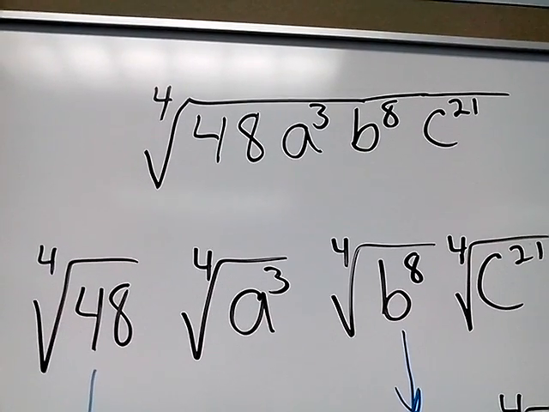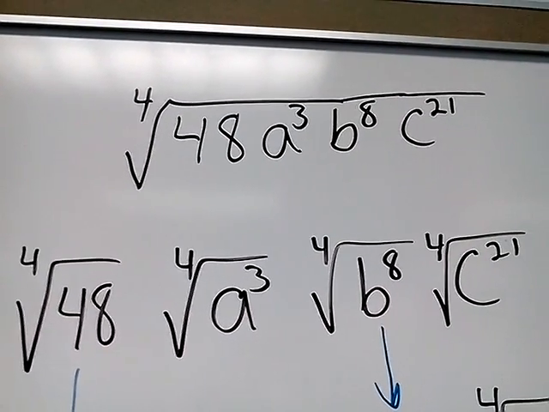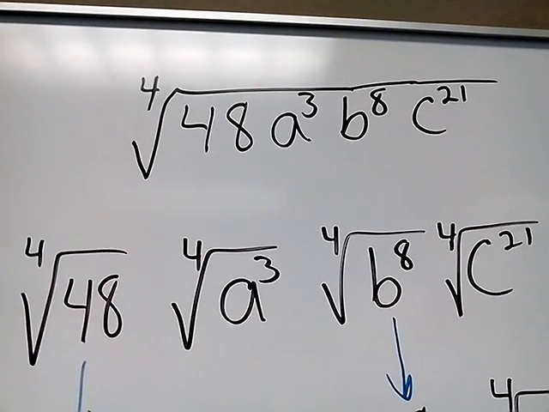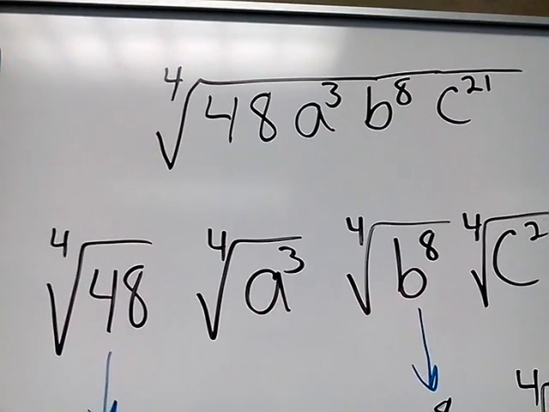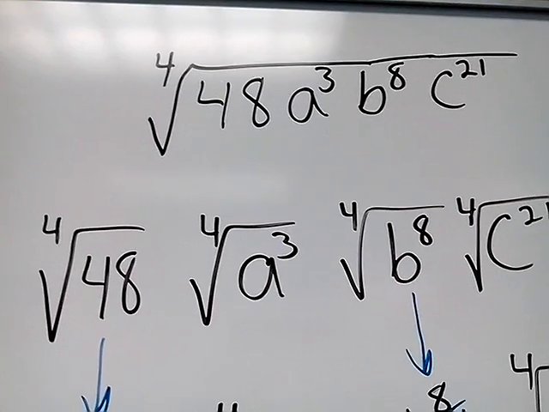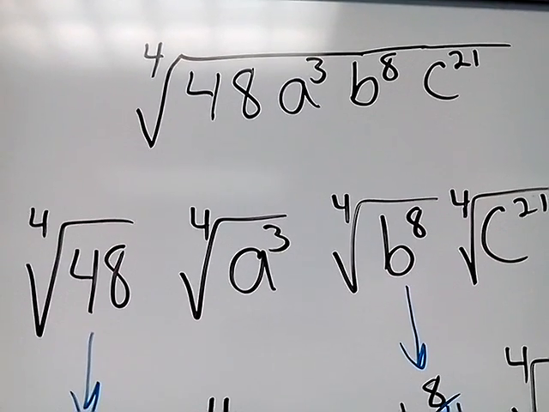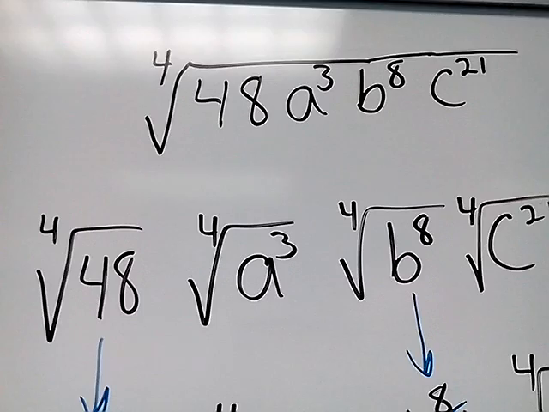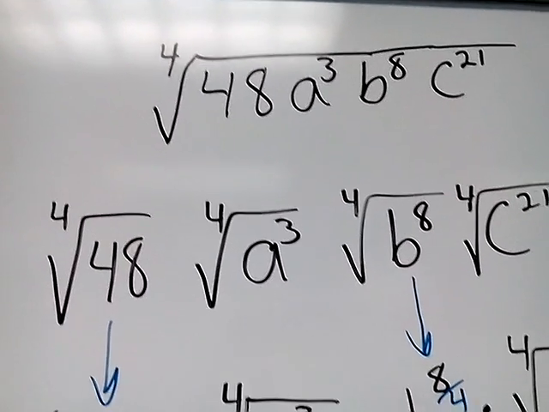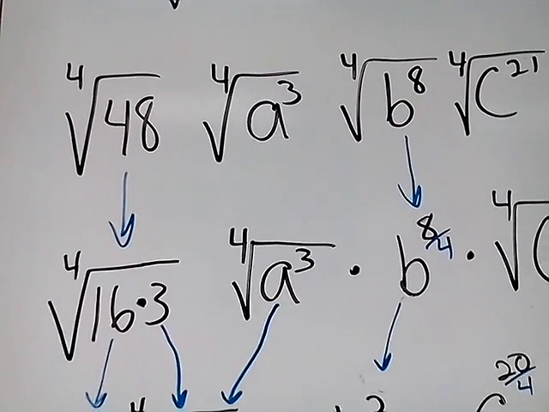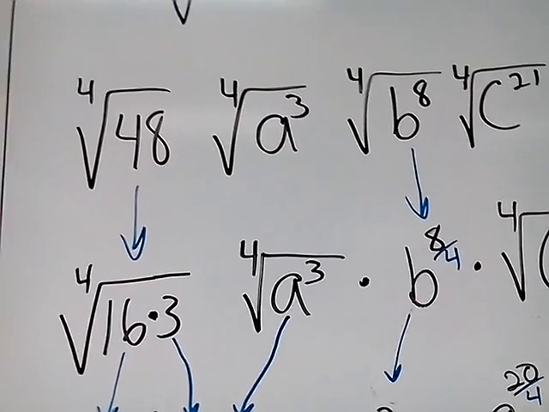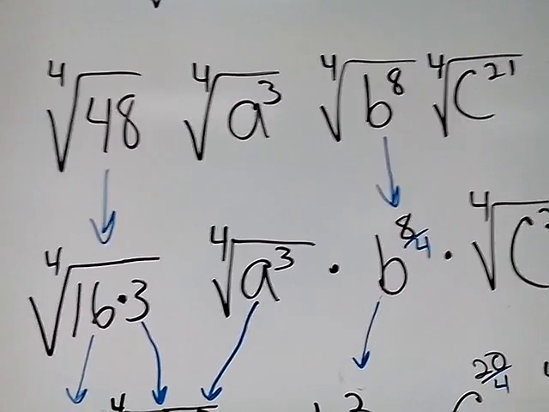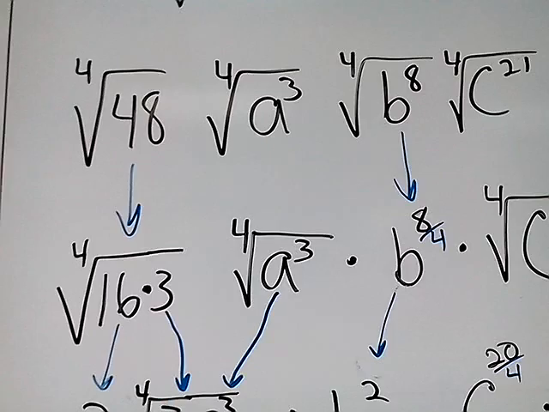So we have the fourth root of 48 as our first. And again, we can't find a fourth root of 48, so we try to find factors where at least one of those factors is a perfect fourth root. And we find that 16 times 3, where 16 is a perfect fourth root.